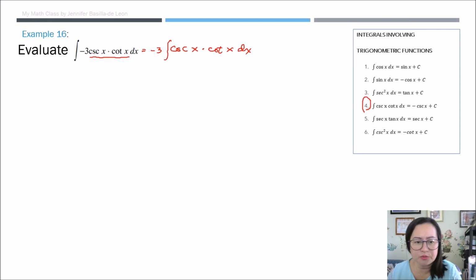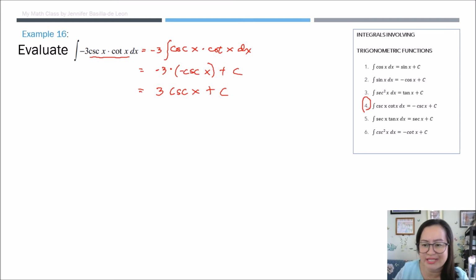Now applying rule number 4, we will have negative 3 times negative cosecant x plus c. Simplifying this, we will have 3 cosecant x plus the arbitrary constant c.